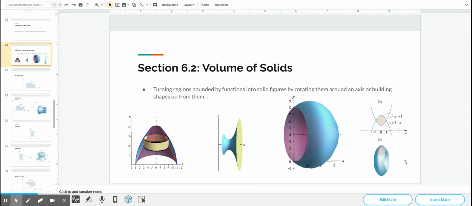You can notice here I put a bunch of random images that you may see throughout this section, and these are the types of pictures we're going to be using in order to explain how calculus can help us throughout this section. Hopefully, just by looking at these four random pictures, you can see that visualization and being able to really understand the theory behind this section is probably more important than it ever has been.